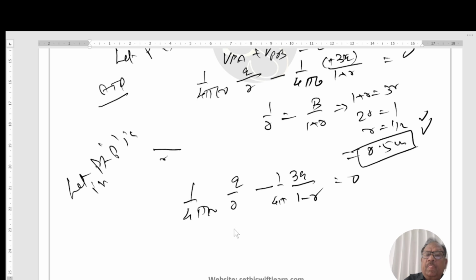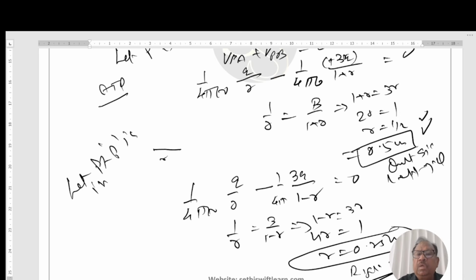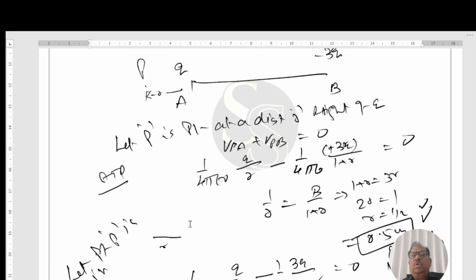On simplification, 1 by r equal to 3 over 1 minus r, that is 1 minus r equal to 3r, 4r equal to 1, r equal to 0.25 meter. This is outside left of q. This is right side of q, where electric potential will be 0 using all these concepts, right?